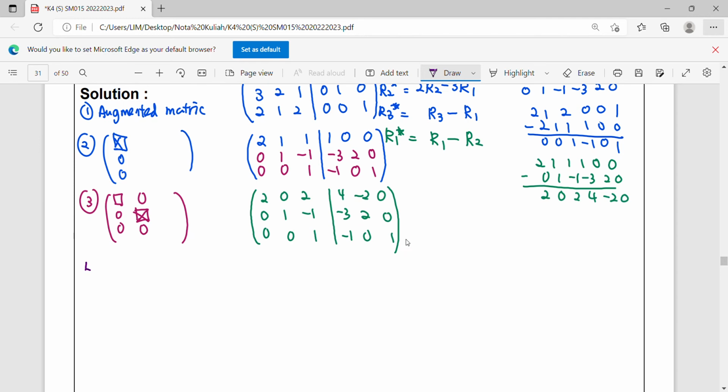So step number 4, we move on. So this one is done. The column in the middle is also done. So we move on to column number 3, meaning we need to 0 positions 1,3 and 2,3. Okay, we need to 0 this place. So the row that does not change is row 3.